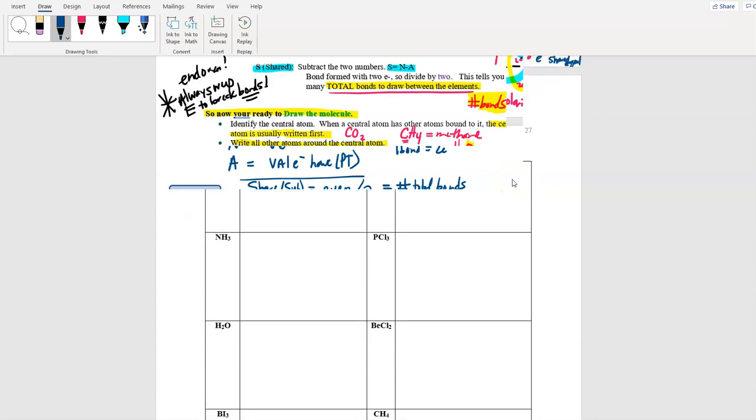I have bromine twice. So bromine, I'm going to list the symbol. Need. Everyone needs 8. But I have 2 bromines, I don't have 1. So I'm going to multiply that by 2. And that means I need 16 electrons. But what do I have available? Well, according to the periodic table, there's 7 valence times 2.